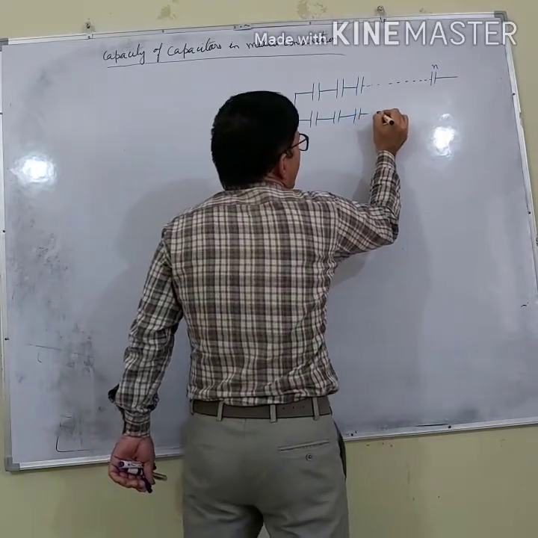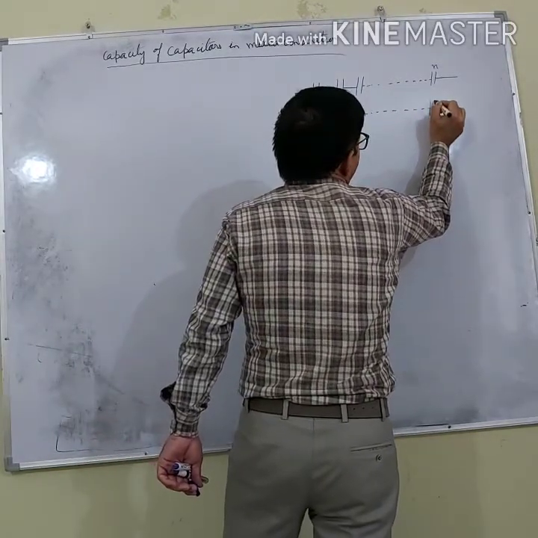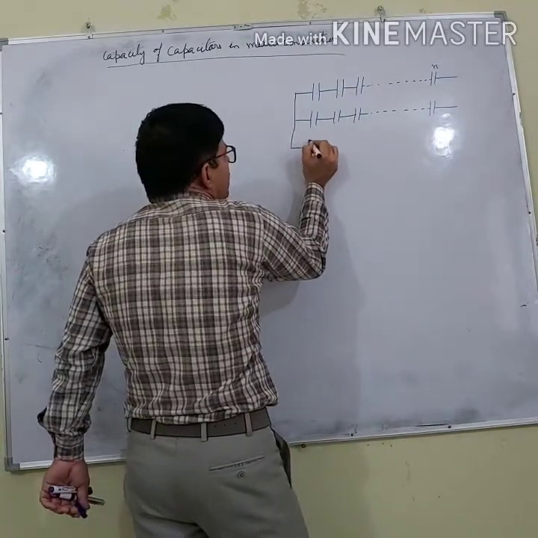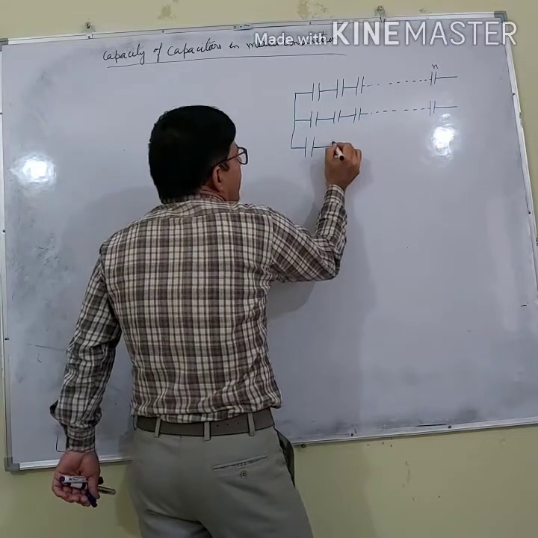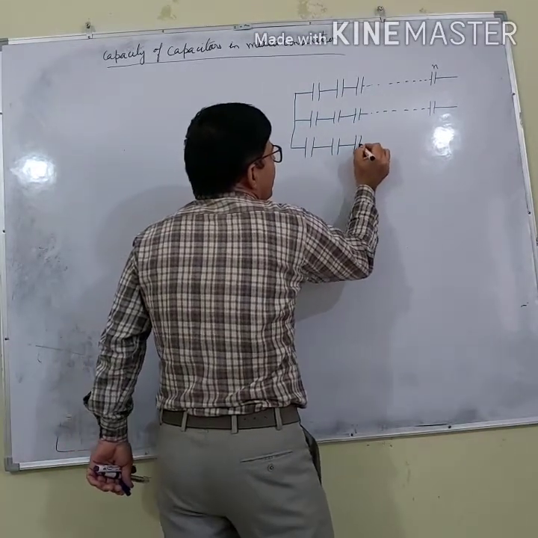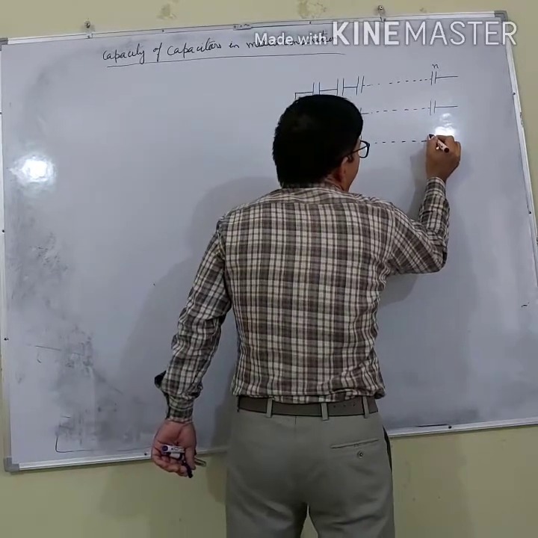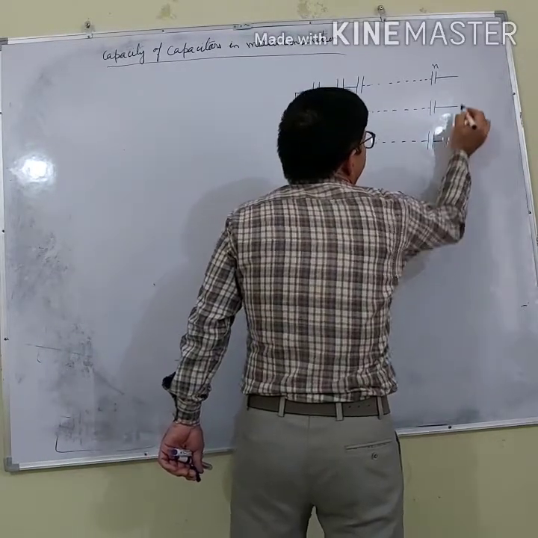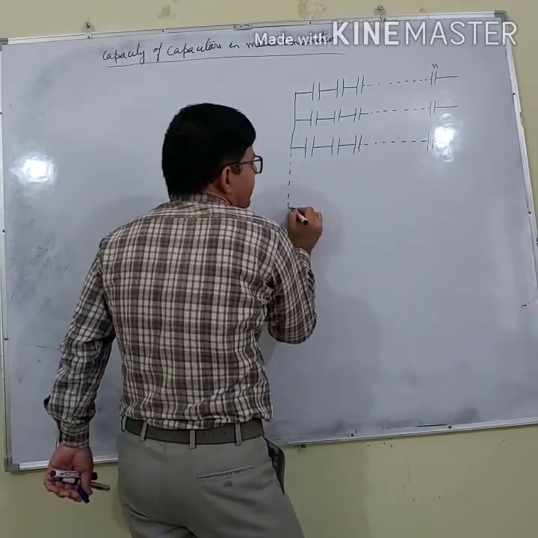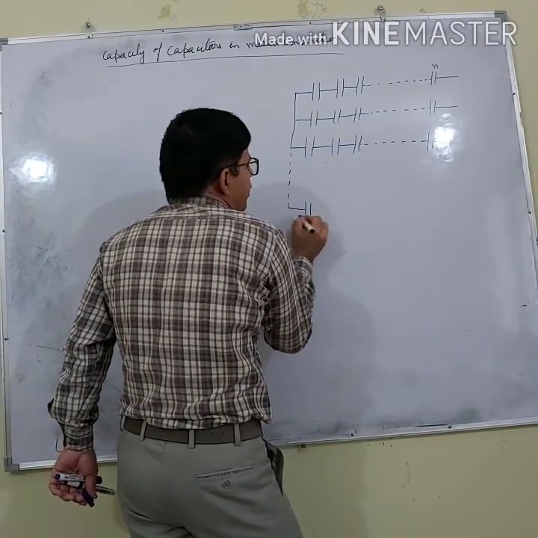Let us say m lines, so we have m rows. Let us say this is the last one, that is the mth row.